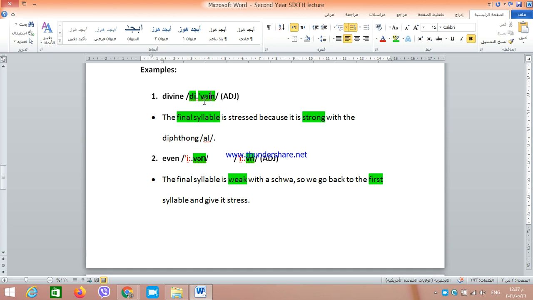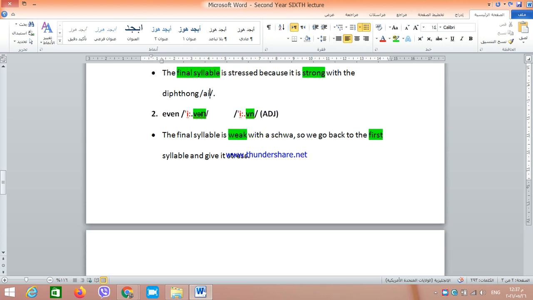Definitely this syllable is strong, so we give it the stress, as it is indicated by the short vertical line here. Okay? So since we have the diphthong plus n, we decide that it is a strong syllable and we give it the stress.